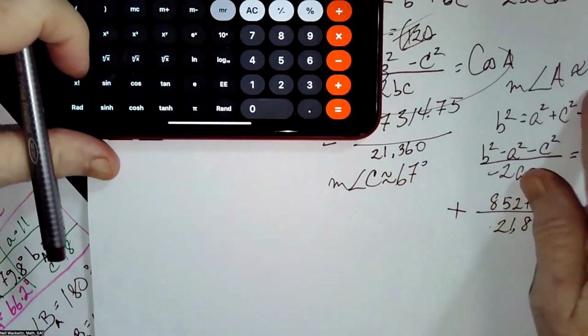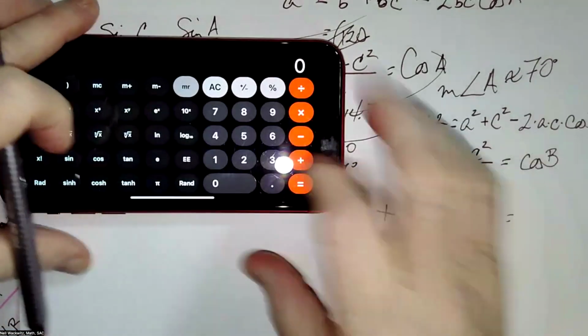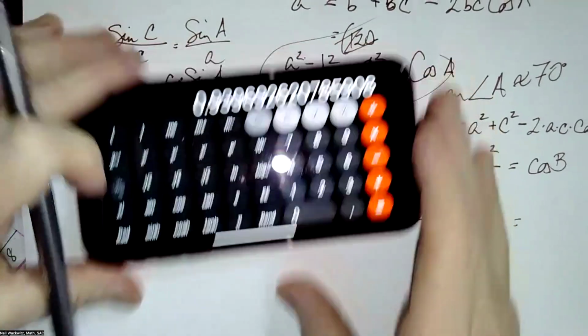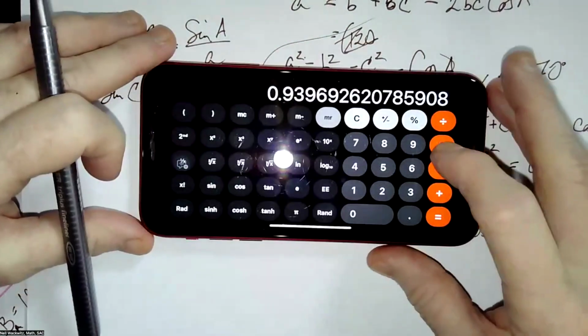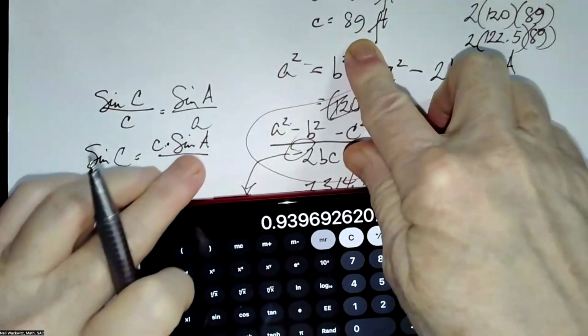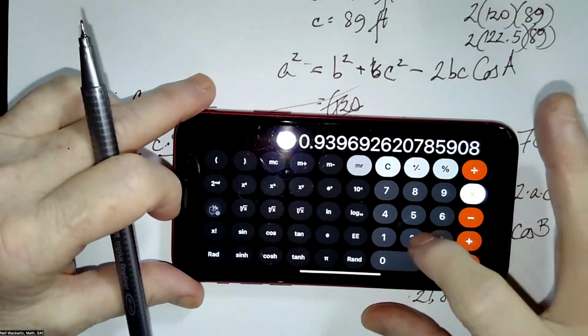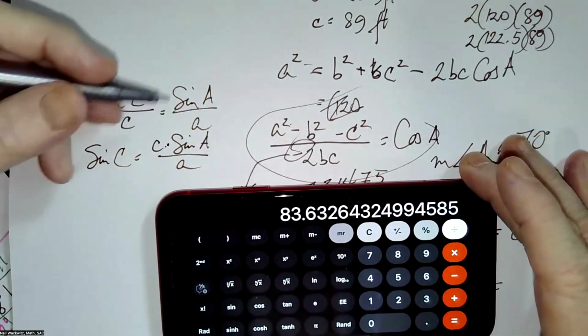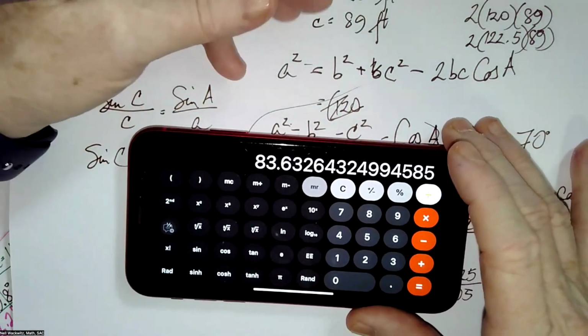Angle A was 70 degrees. Times little c is 89 divided by, and little a is 122.5.